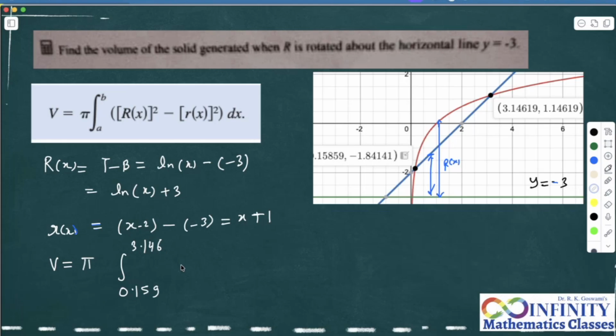And the capital Rx squared is going to be ln x plus 3 whole squared, minus x plus 1 whole squared, dx. Now you can make use of the calculator and you will be able to get the answers. Can you please try the question now? Okay.